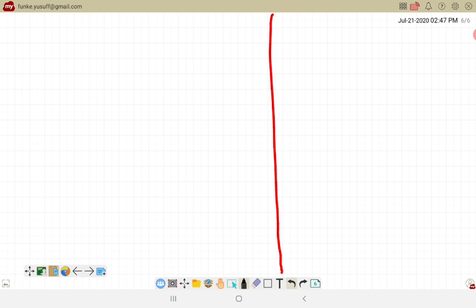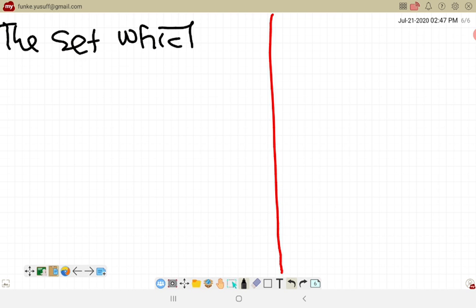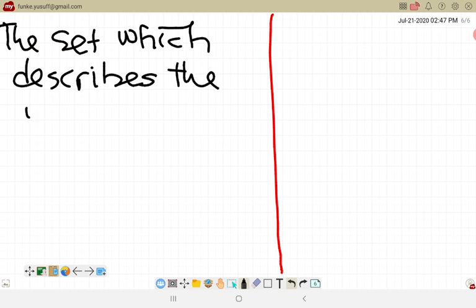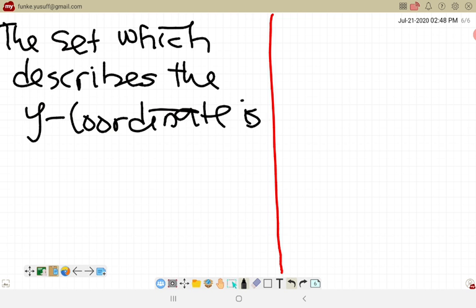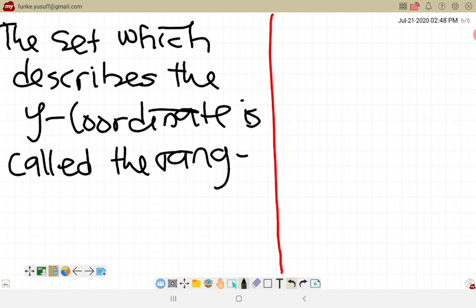While the set which describes the y-axis, the y-coordinate, is called the range or the codomain.